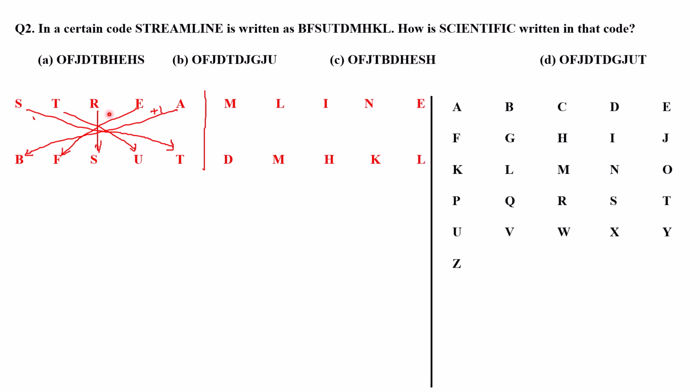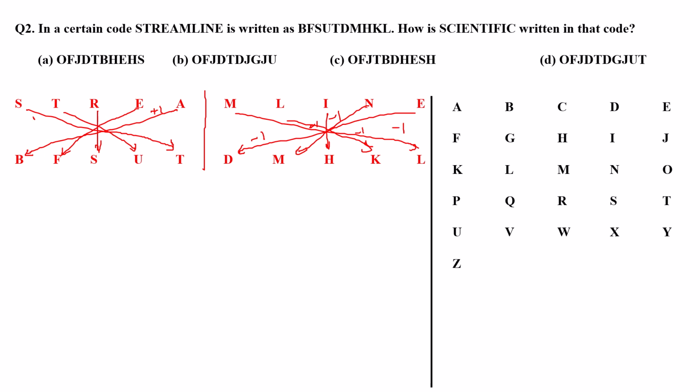Okay, so see, in the first half they have to move one step forward. Here they have to move one step backward, isn't it? So E is coded as D, that is -1, N to M is -1, I to H again -1, same way L to K also -1, and then M to L also -1. -1 means one step you have to move backward.